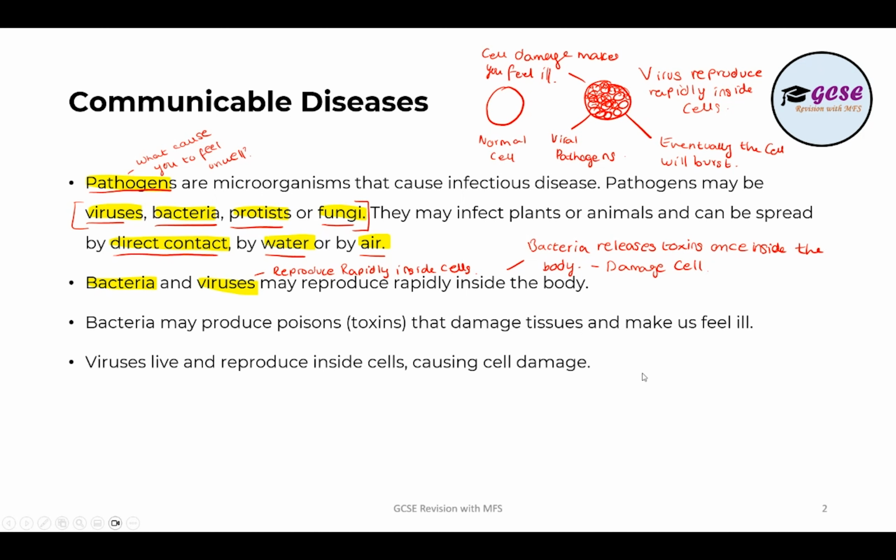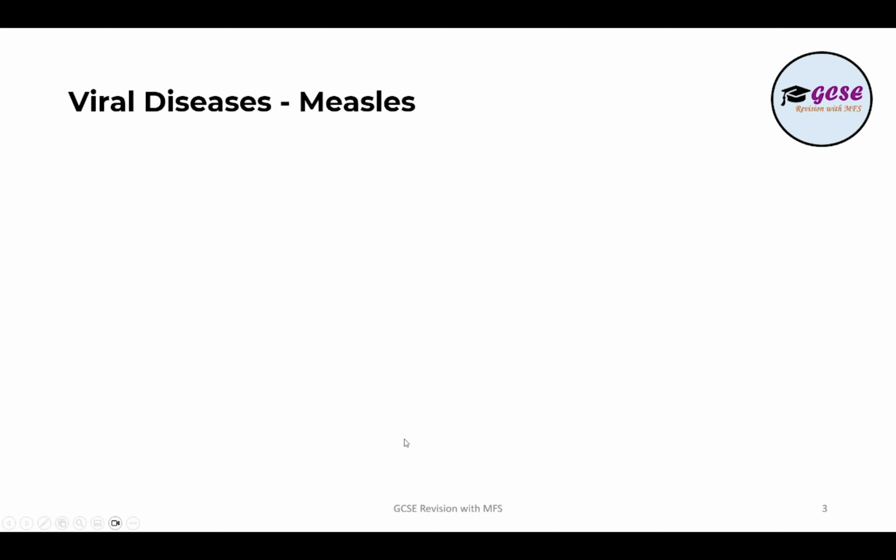Viruses live and reproduce inside cells, causing the cell damage, as we've looked at in this example. That's a key differentiation you need to know between the two. We're going to be focusing on viruses today. So bacteria produce toxins, which cause the tissues to become damaged, and viruses reproduce inside of cells, causing the cell damage.